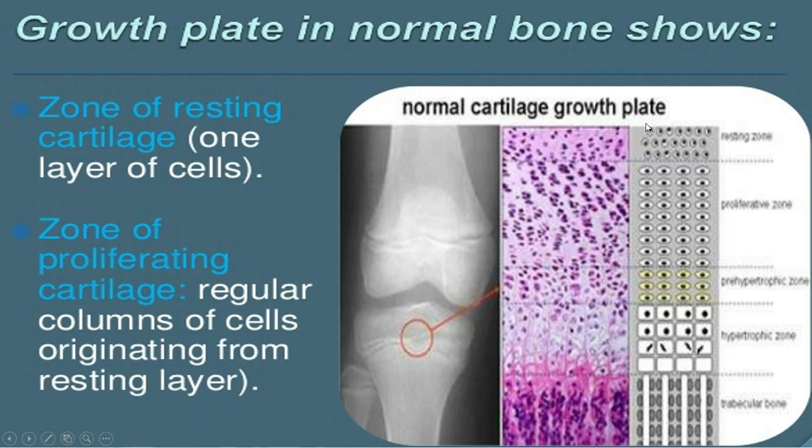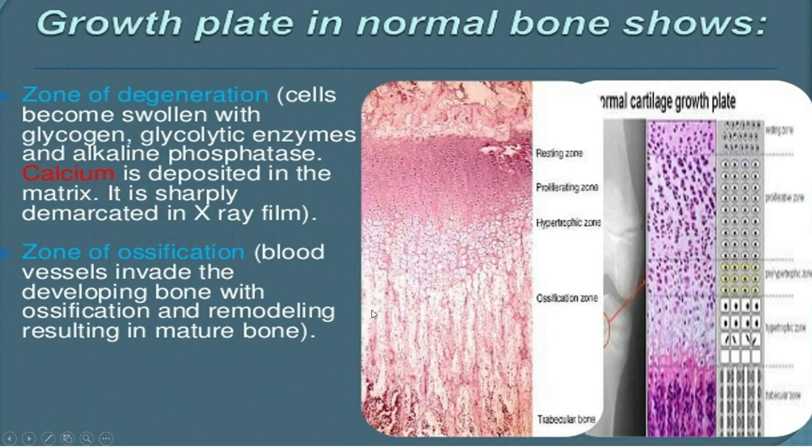Now the normal physis has 5 zones, and among them the zone of ossification is close to the metaphyseal region, and all the physeal layers are highly proliferating, and the zone of hypertrophy is highly vascular.